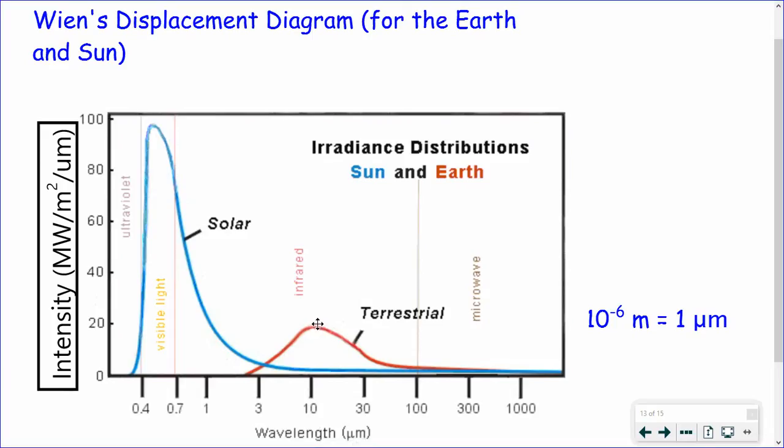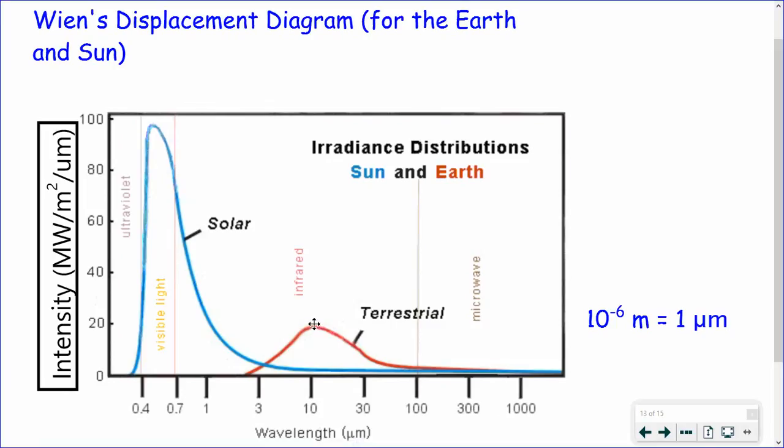It's not as good of a black body as the sun, but nonetheless, it has black body characteristics. The intensity of the wavelengths at 10 micrometers fall in the infrared range and has the highest intensity.